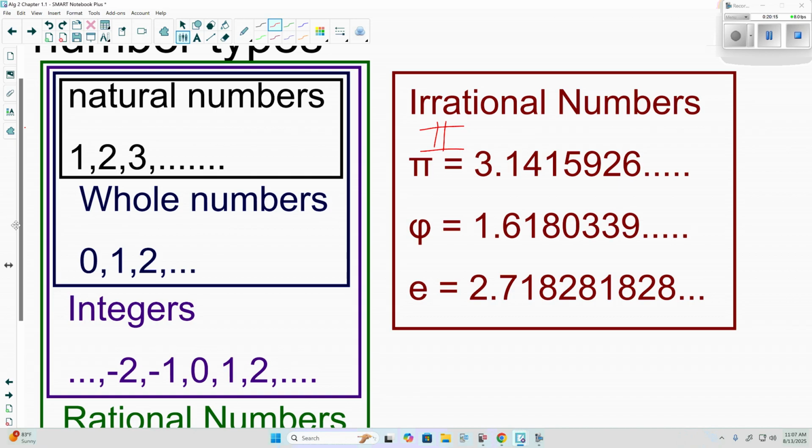But the concept of pi and phi and e, because phi is our golden ratio, they did have the concept of these irrational numbers. Those made sense to them. They could figure those out. 0, on the other hand, was a completely foreign concept. The Mesopotamians did have the concept of a 0. They were, I think, one of the first civilizations we know that had a concept of that.